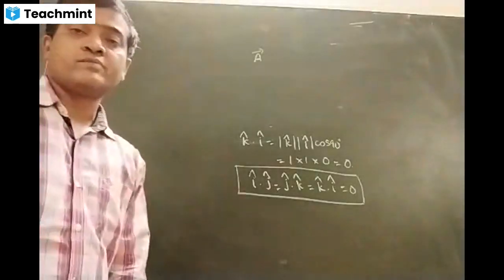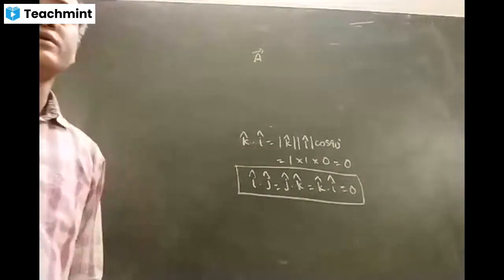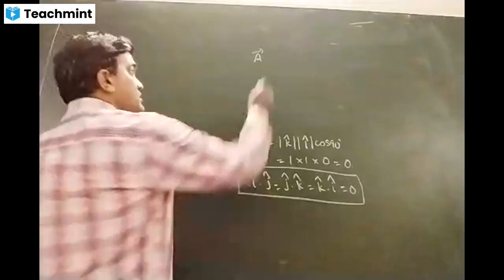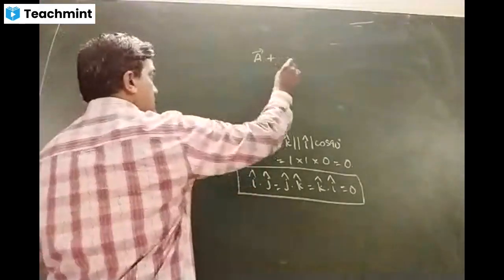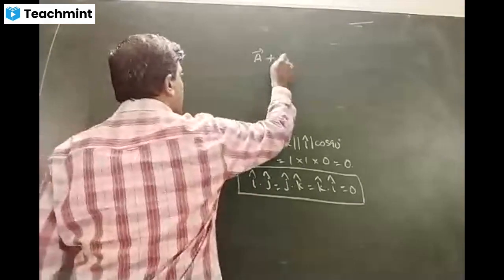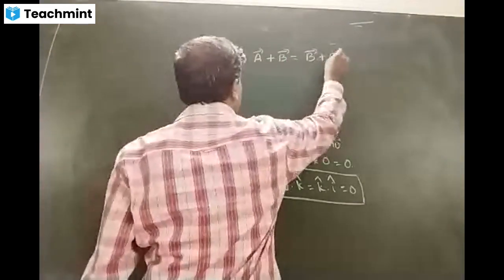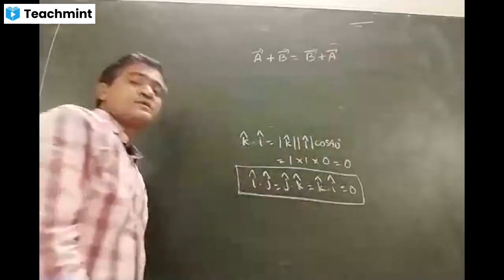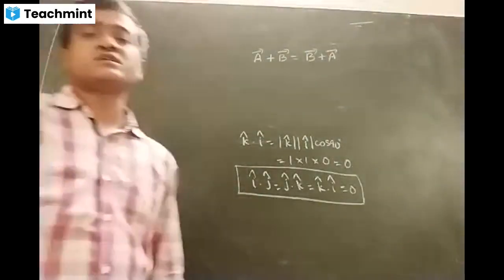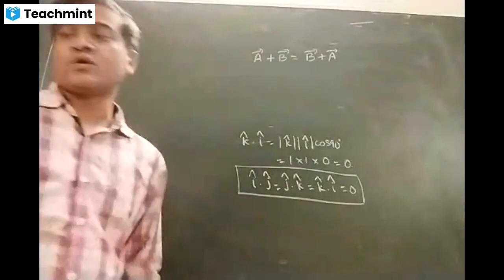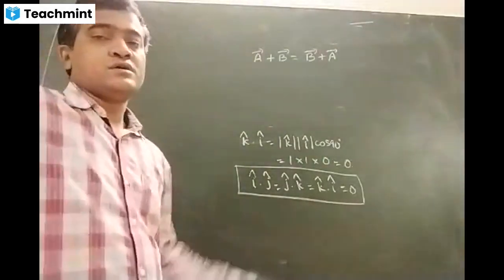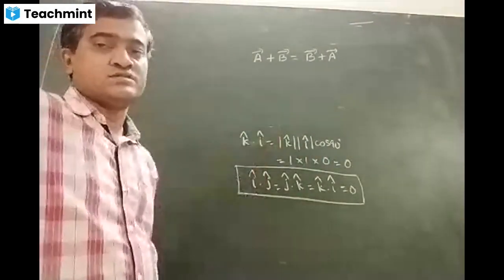Commutative law is obeyed only under addition. A bar plus B bar is nothing but B bar plus A bar. This property we have written under addition.